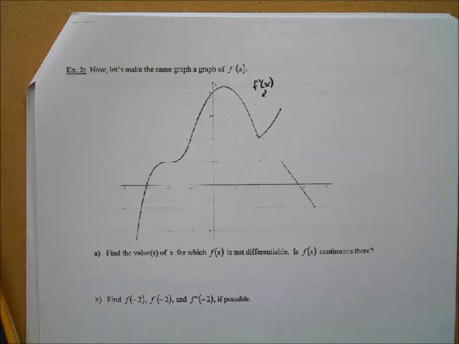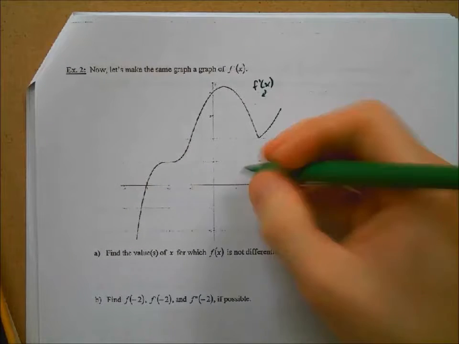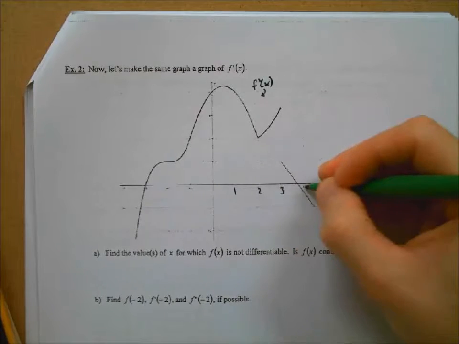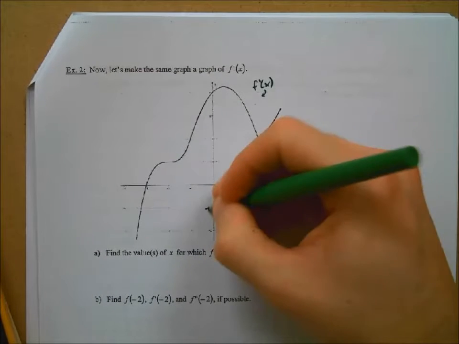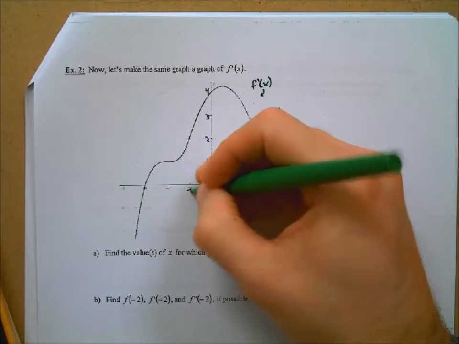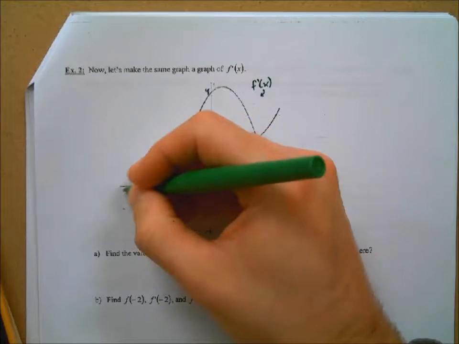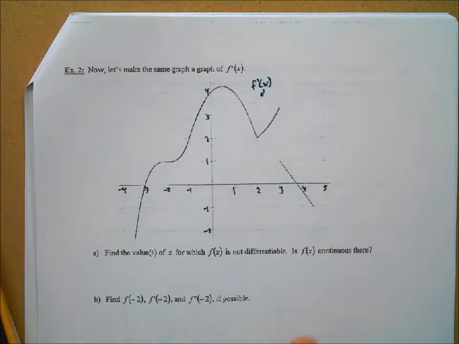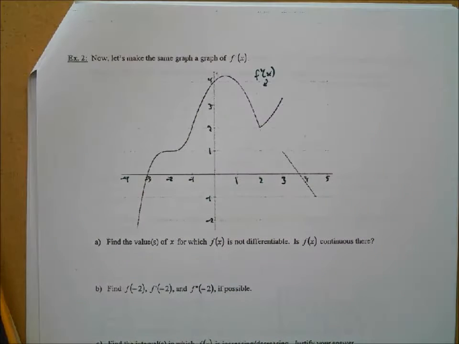And again, I know the numbers are not very easy to see, so if you want to rewrite them there. Okay, so again, this is the graph of f prime.